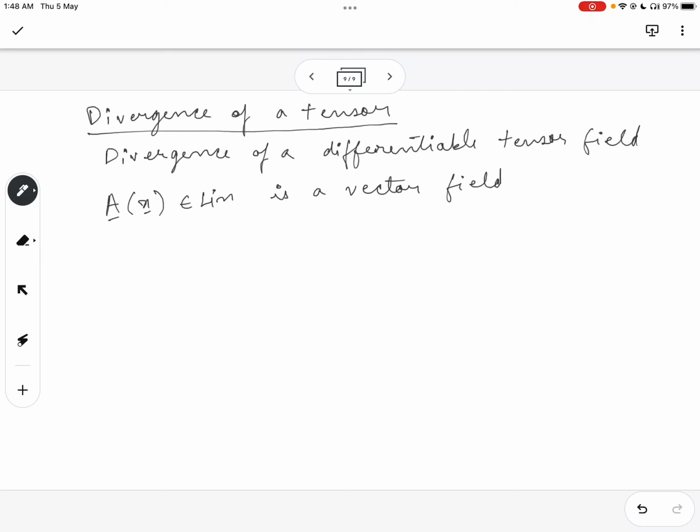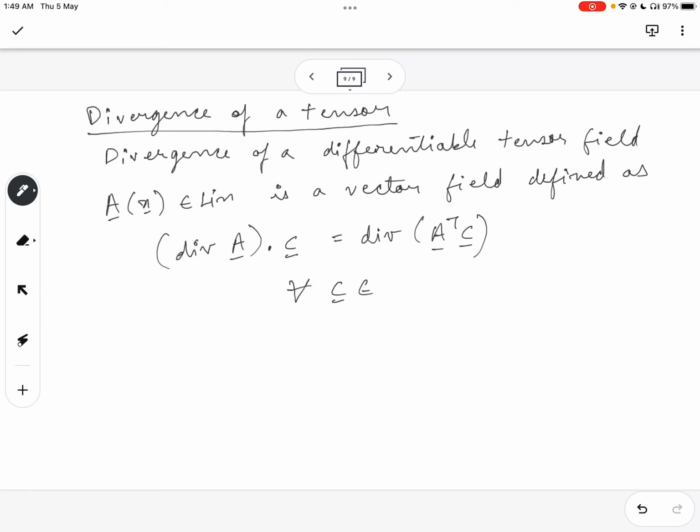Divergence of a vector is a scalar, divergence of a tensor is a vector, defined as: divergence of A dotted with C is equal to divergence of A transpose C. This is valid for all fixed C belonging to E3 such that gradient of C is 0.